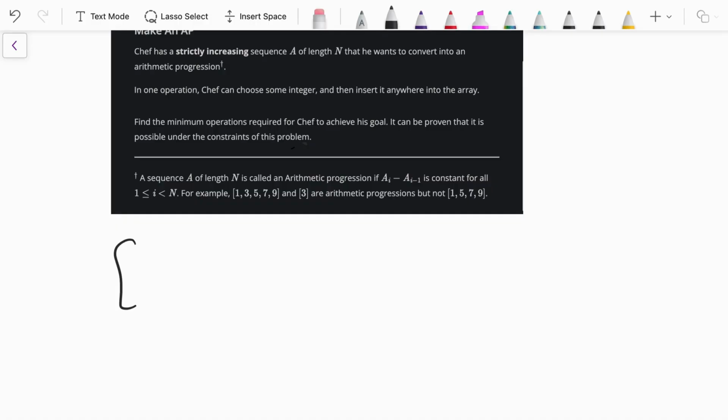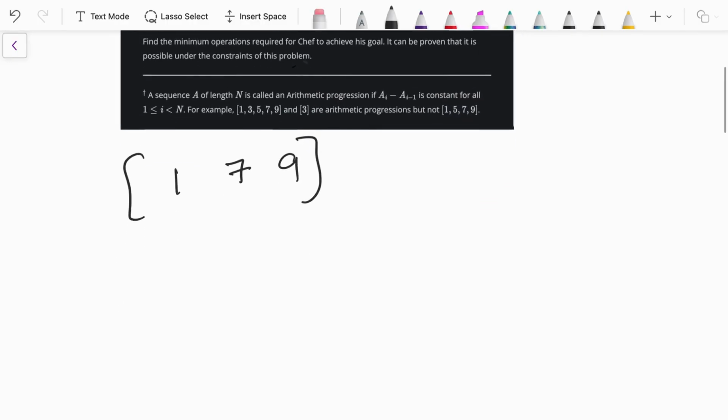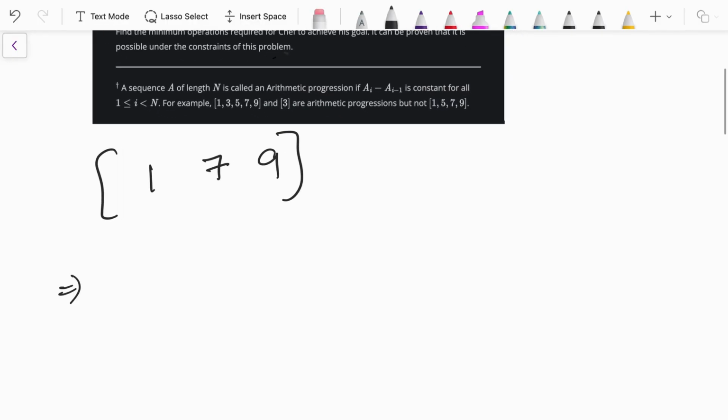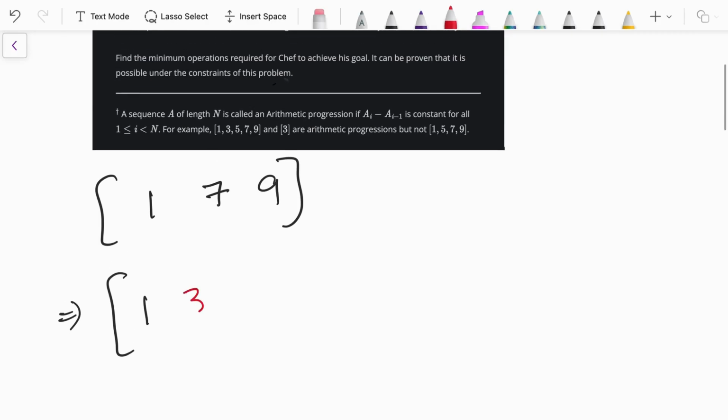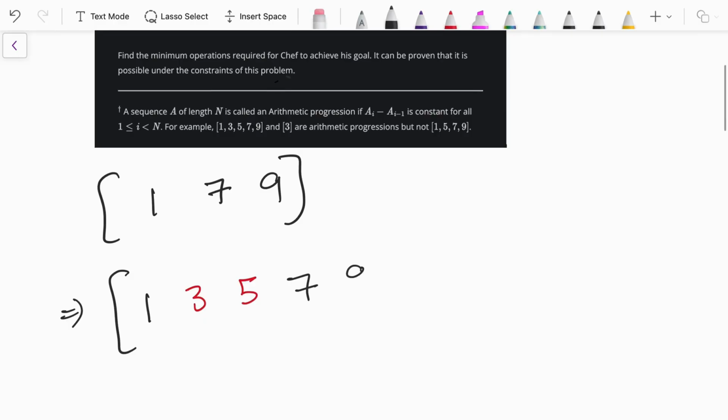Let's say the given array is 1, 7 and 9, and this is not in the form of an arithmetic progression. So to make this into an arithmetic progression, we can add 2 elements, that is 3 and 5, and the remaining elements will be as it is.